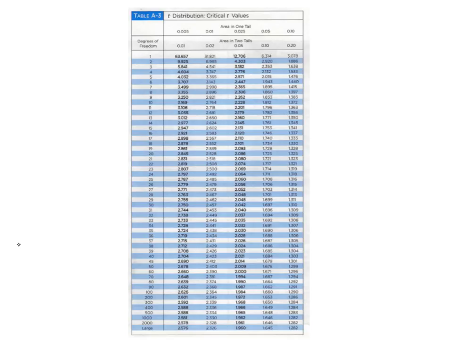So if I wanted to be 95% confident, that means in two tails we have a combination of how much? 5%. So my area in two tails would be 0.05. Oops, that's the area in one tail. Sorry, the area in two tails would be 0.05.